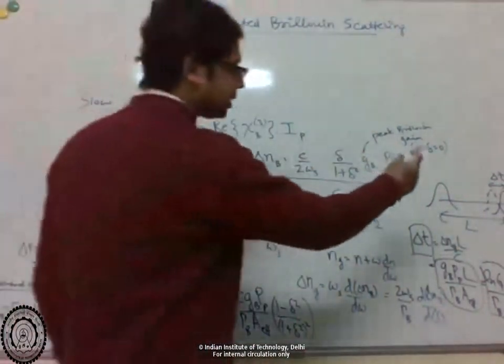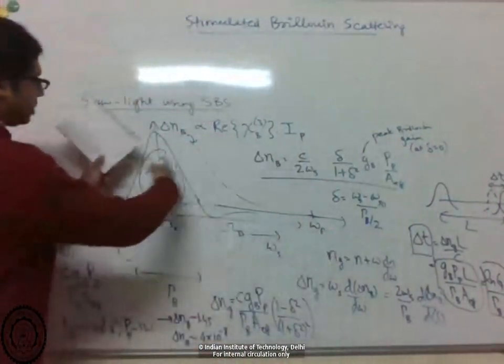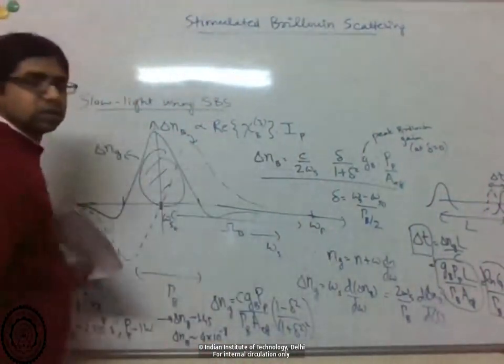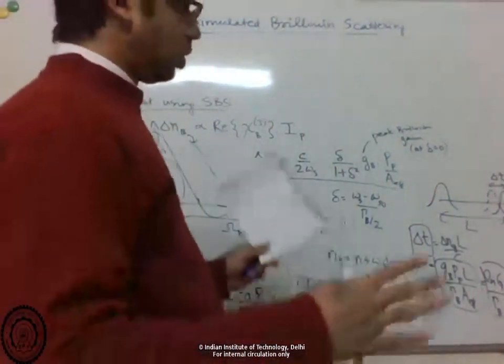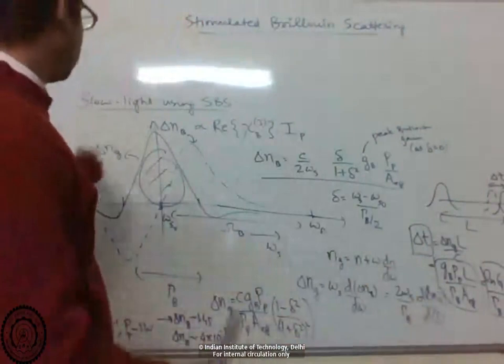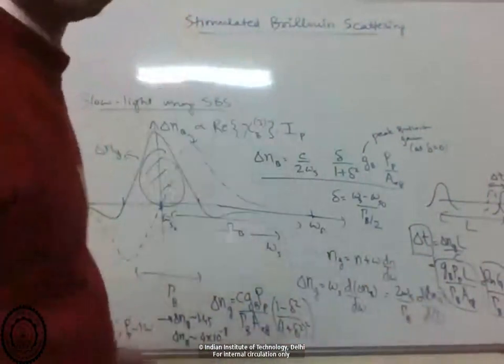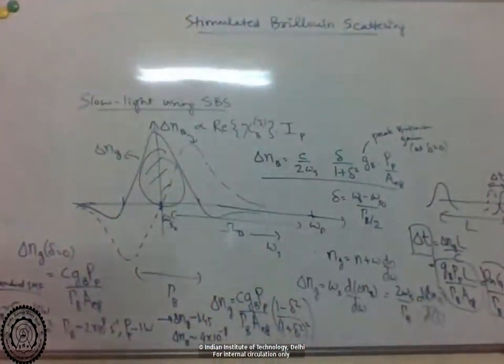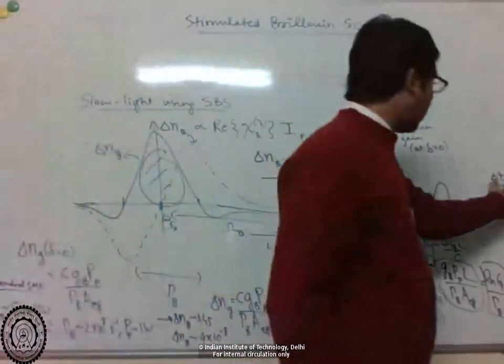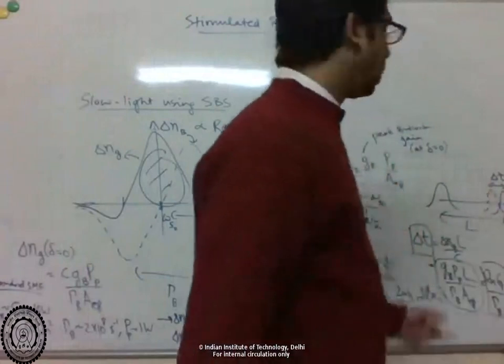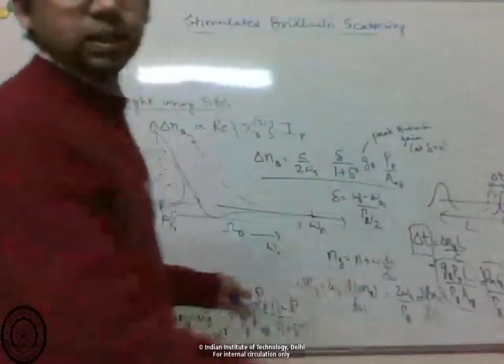If you go to shorter pulses, then the bandwidth becomes bigger, and it goes out of this Brillouin line. So for shorter pulses, you have to go to something which has a broader line width, like Raman. So although you can get in absolute numbers larger amounts of delay, you can also do that only for longer pulses.